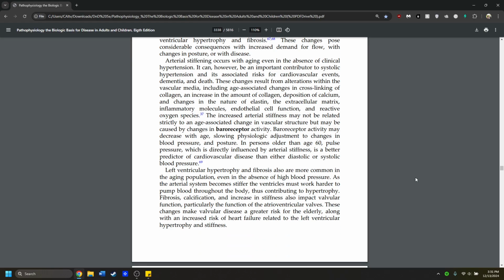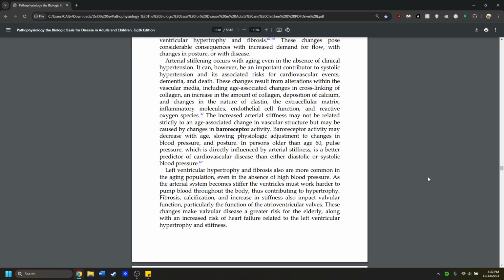Arterial stiffening occurs with aging, even in the absence of clinical hypertension. It can, however, be an important contributor to systolic hypertension and its associated risk for cardiovascular events, dementia, and death.